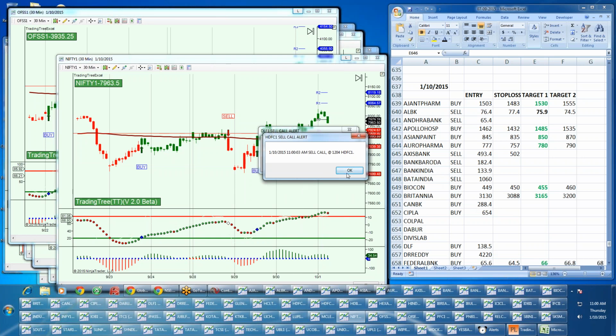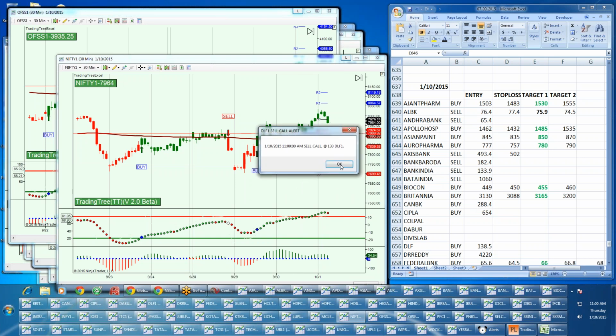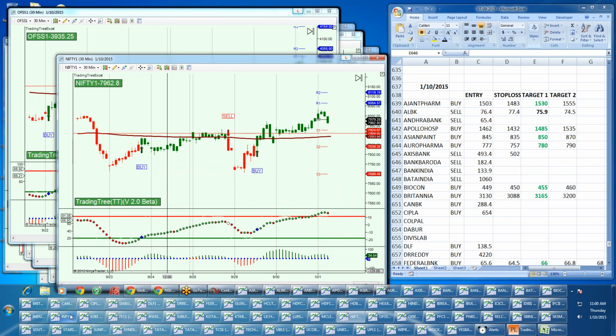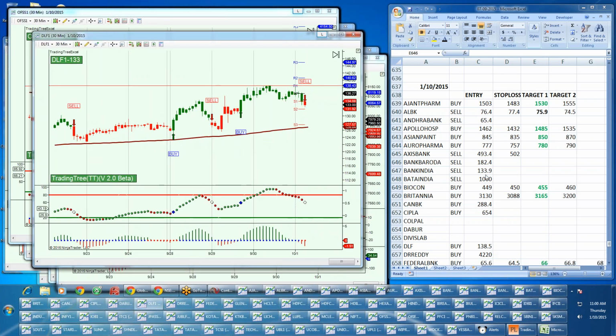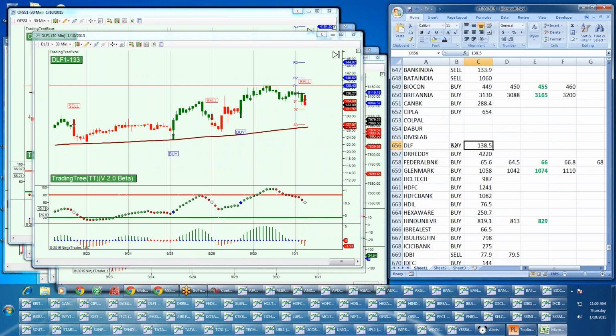So there we go. We have a sell in HDFC and DLF. Let's just place the prices for this. So DLF we can short it at 139.90, with a stop loss of 136.40.